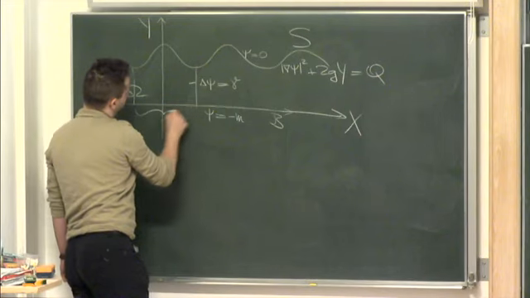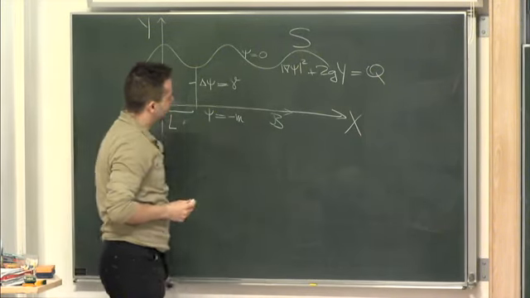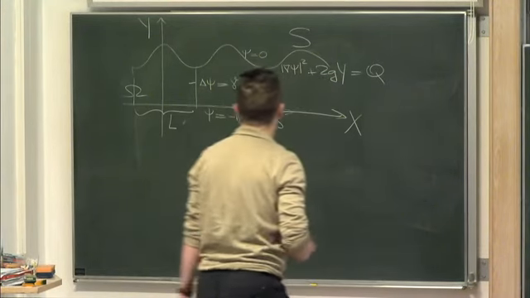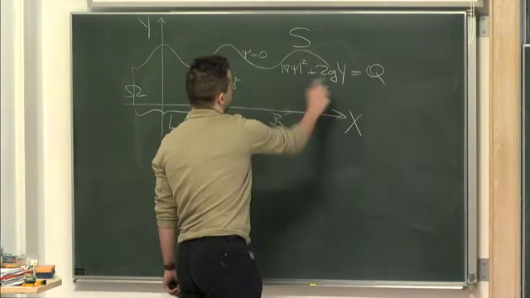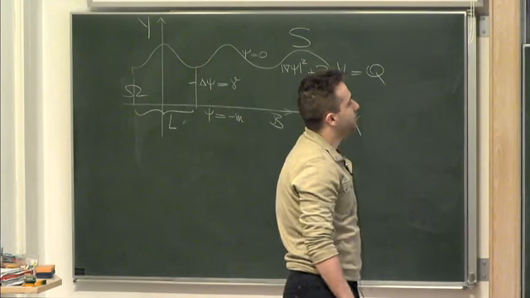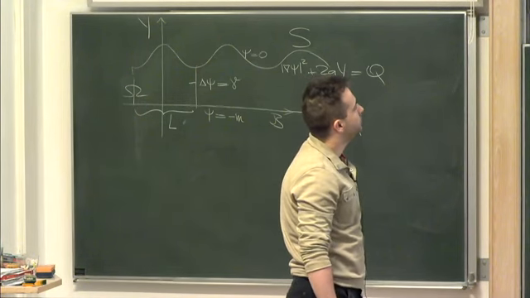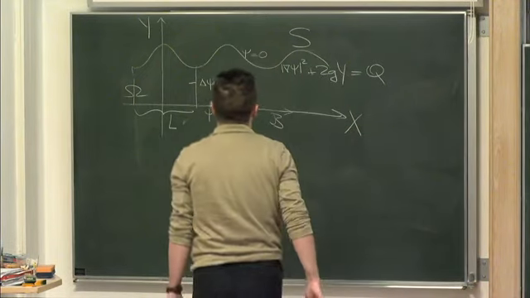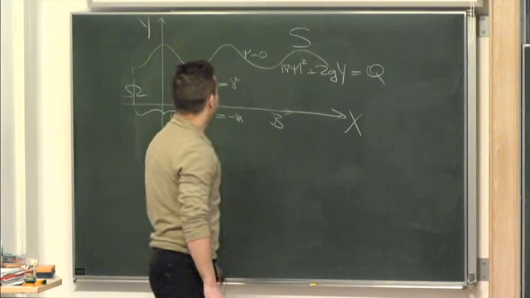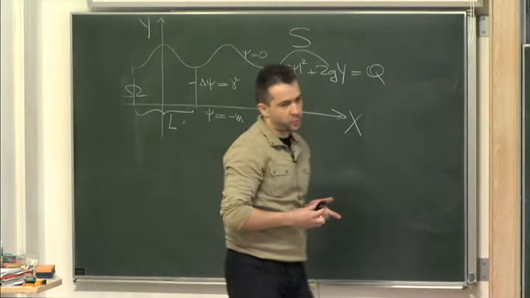The period of this wave is L. So g is a given constant, the gravitational constant, and gamma is also a constant, and Q is also a constant, but Q and m will be parameters.